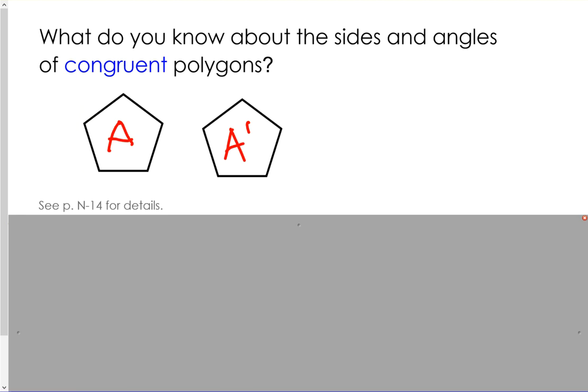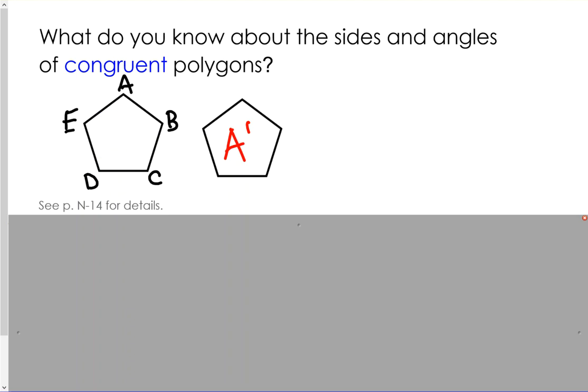The size and shape have not changed. You may also notice that the corresponding angles are equal and in the same order. We can also label the vertices with letters A, B, C, D, and E.